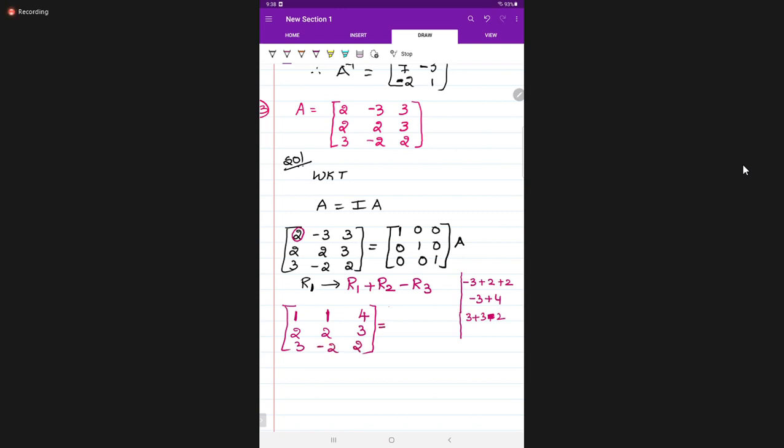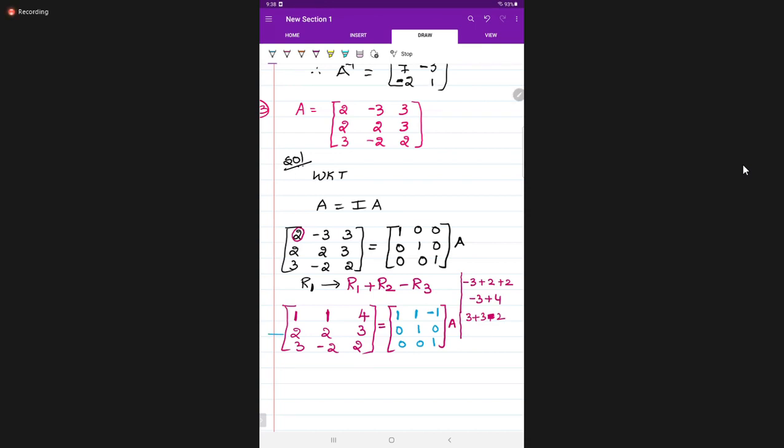Now tell me this side also. Very good. 1, again 1, minus 1, minus 1. Very good. So 0, 1, 0, 0, 0, 0, 1.